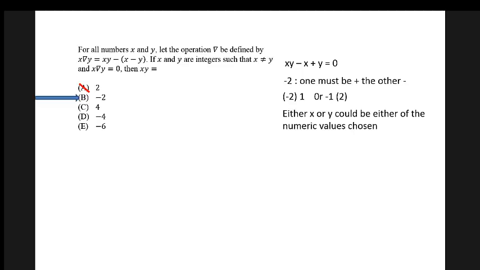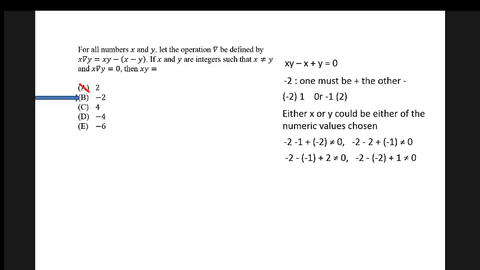But each of these could be either x or y in the equation, so there are still 4 equations that I need to consider here. 2 minus 1 and 2 minus 2 plus the negative other don't give me 0. Switching them around, 2 minus -1 plus 2, 2 minus -2 plus 1, none of these equal out to 0.